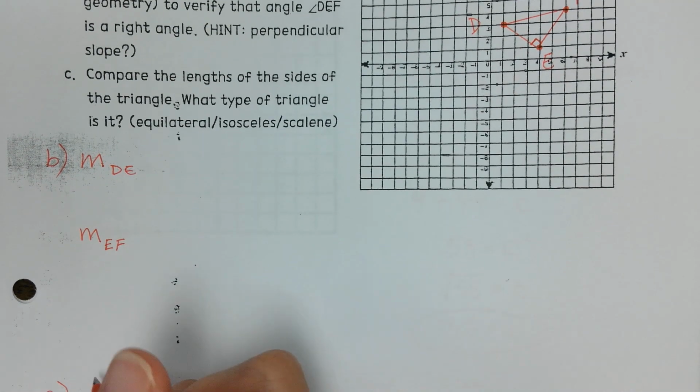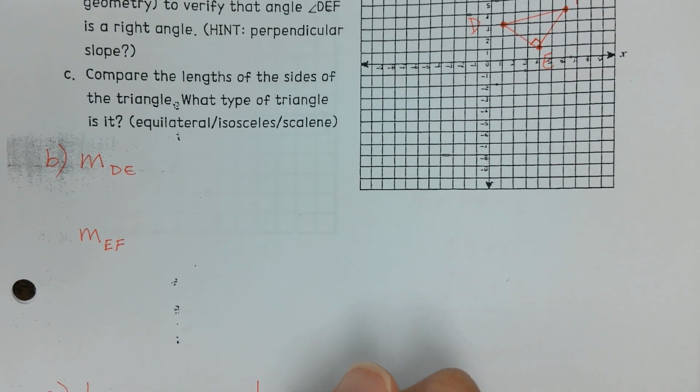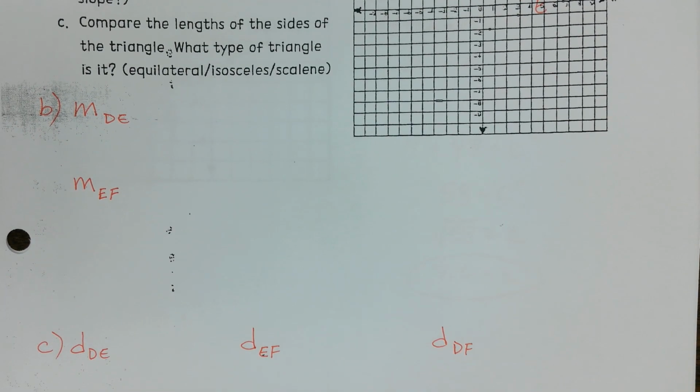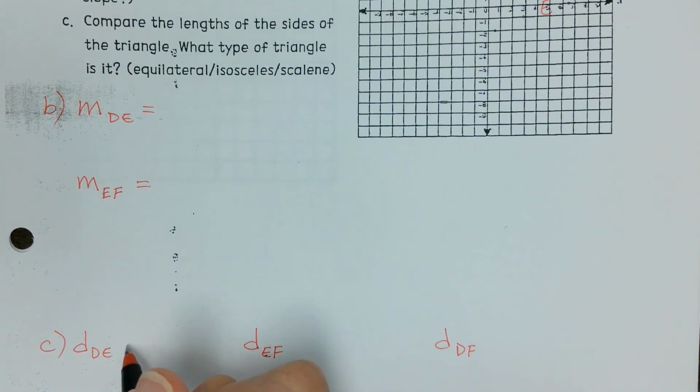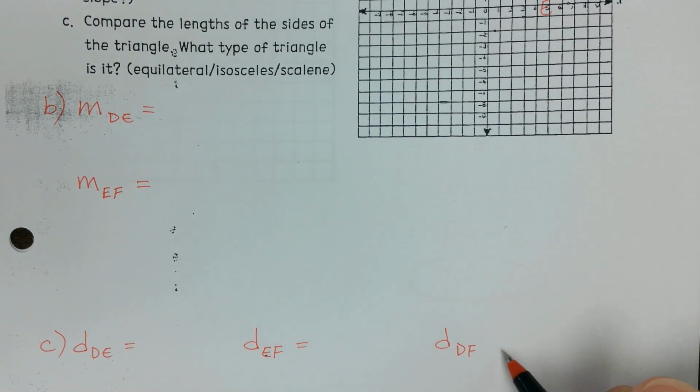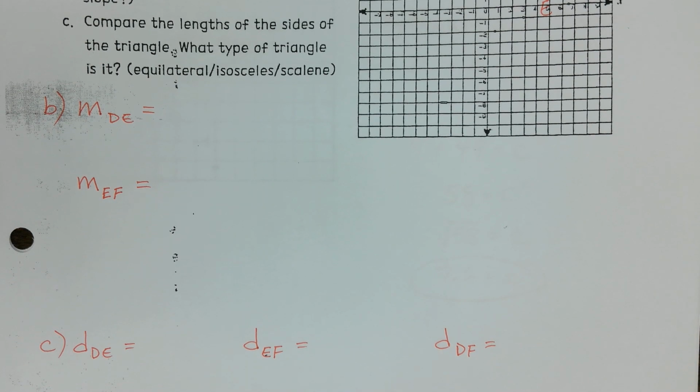Part C, you need to find the distance between DE, distance between EF, and distance between DF. Okay, so try it now. Try it out. I'll come around to help if you're stuck.